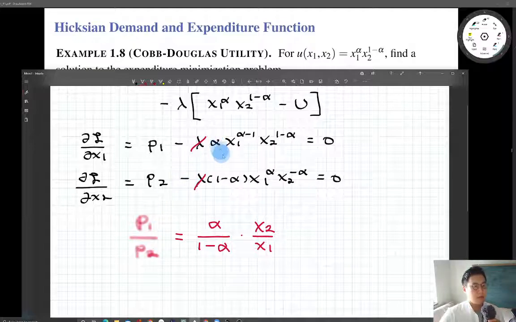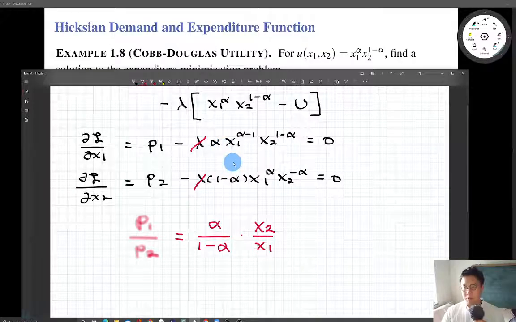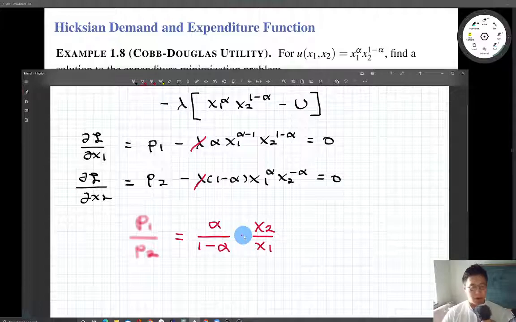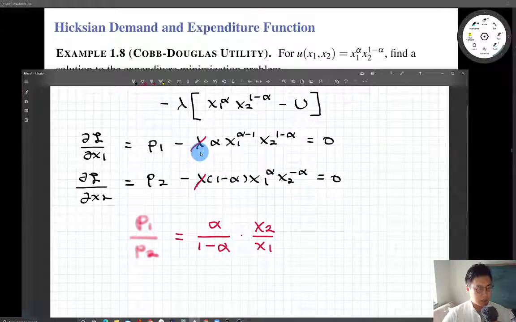But if we take the ratio of the second terms, we have to make sure these are non-zero numbers, right? Otherwise, this ratio will be undefined. So we have to make the assumption that lambda is strictly positive.